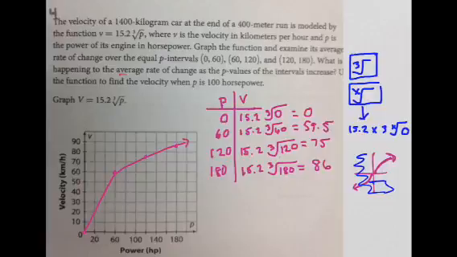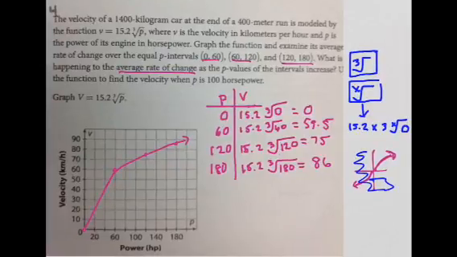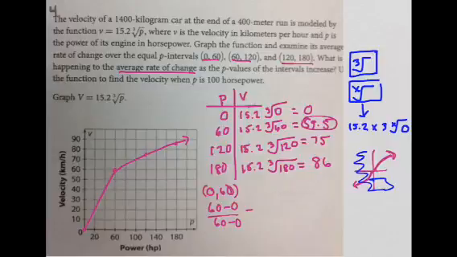Okay, so for the next part, they want you to calculate the average rate of change for this interval and this interval. So let's do the 0 to 60. I'm going to use 60 instead of 59.5 right here, so I'm going to do 60 minus 0 over 60 minus 0, so that's 1.